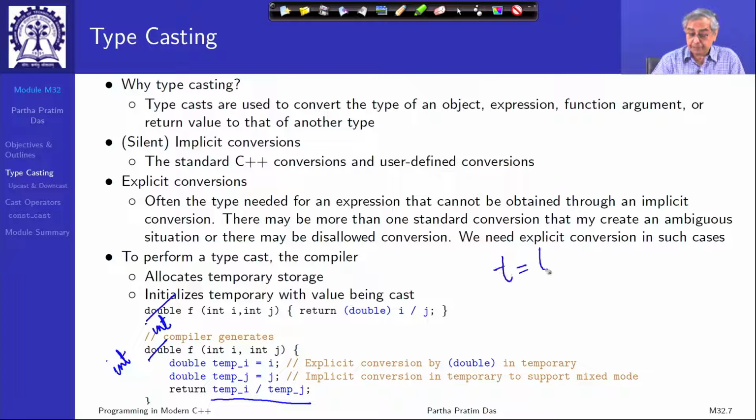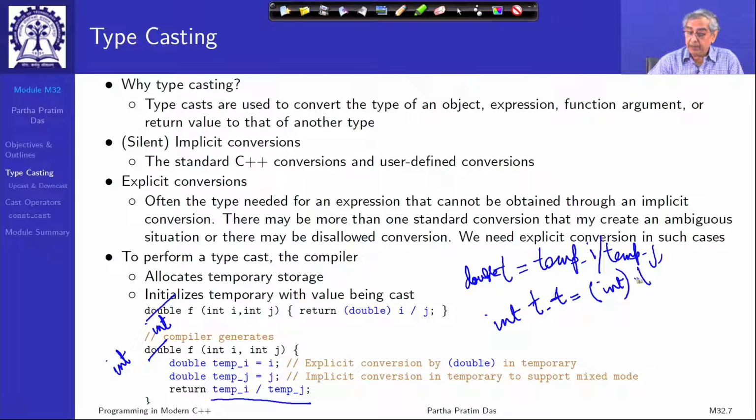Possibly, double t gets temp I divided by temp j, then it has to do an int tt, which has to take the value of t, internally explicitly cast it to an integer, but to you it will look implicit, because it has to give you back the int.